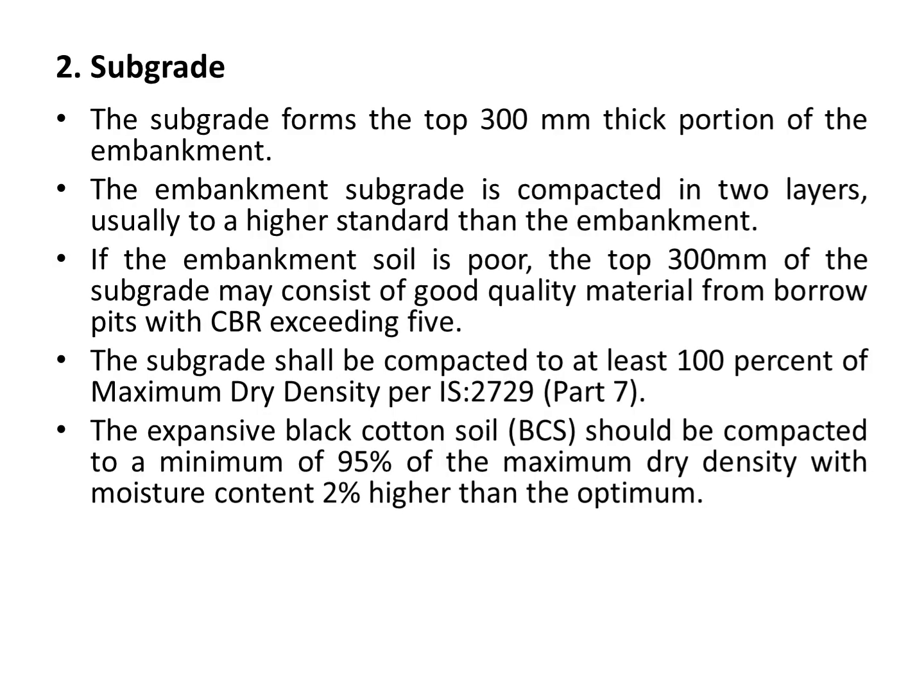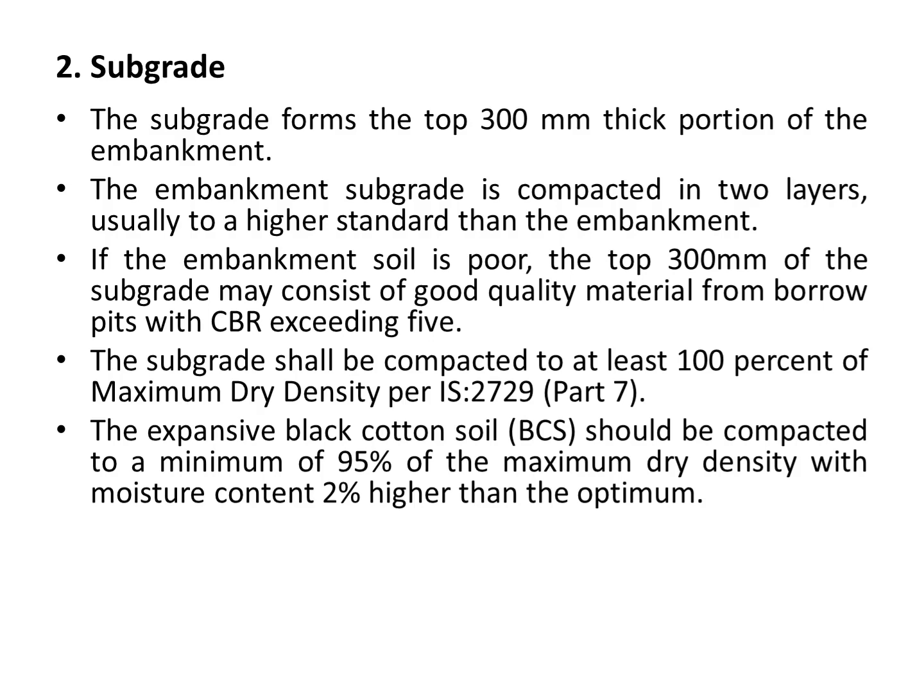The second component is the subgrade. The subgrade forms the top 300 mm thick portion of the embankment. Embankment subgrade is compacted in two layers, usually to a higher standard than the embankment. If the embankment soil is poor, the top 300 mm of the subgrade may consist of good quality material from a borrow pit with CBR exceeding 5.